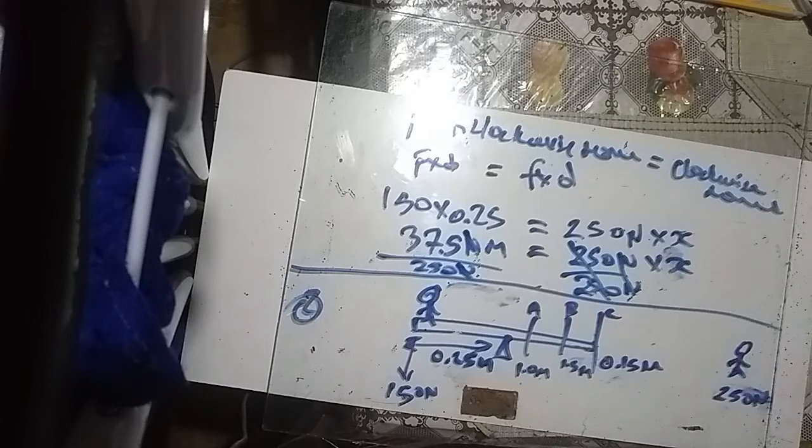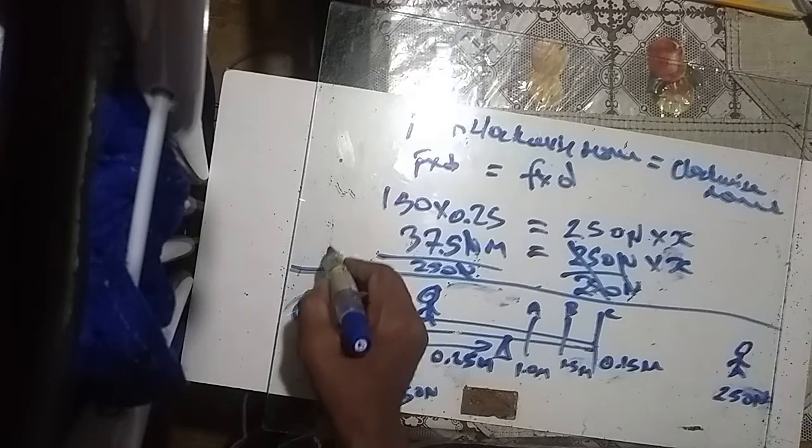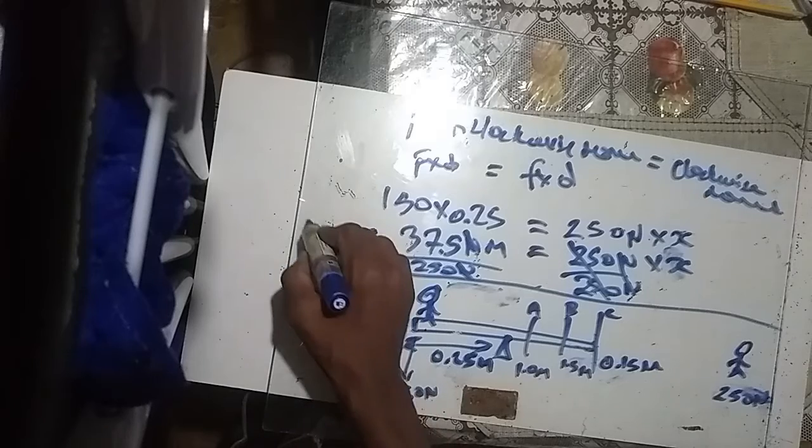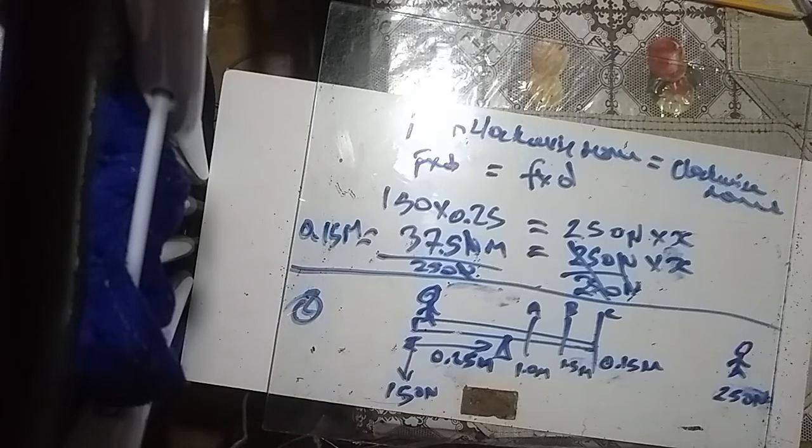So 250 into 37.5 is equal to, let's see, alright, 250 divided into 37.5 is equal to 0.15 meter. 0.15 what? Meter. Okay, so that is saying that he should sit at C position.